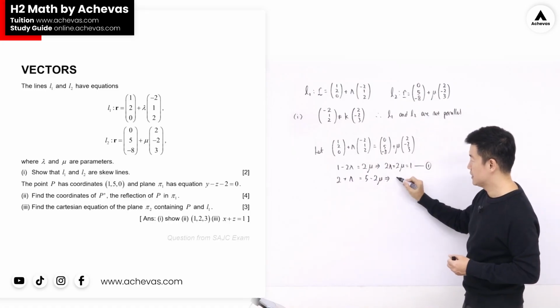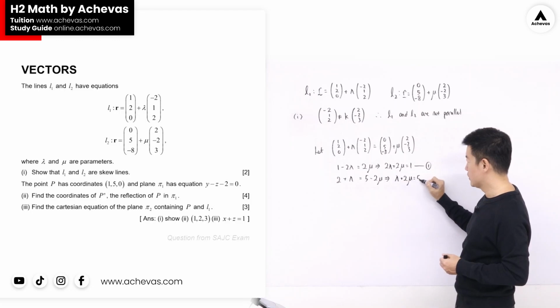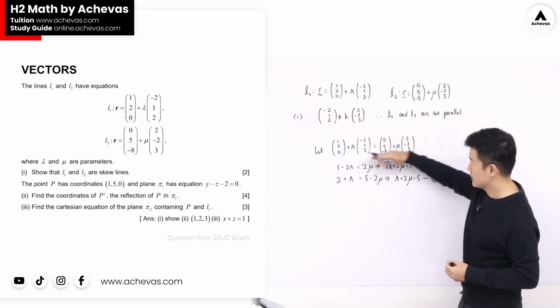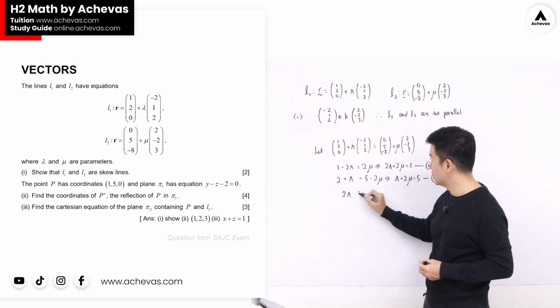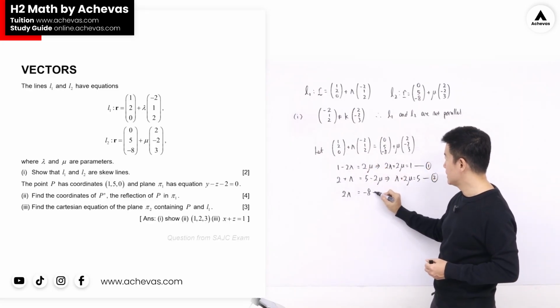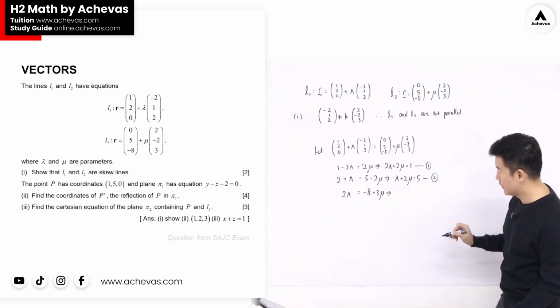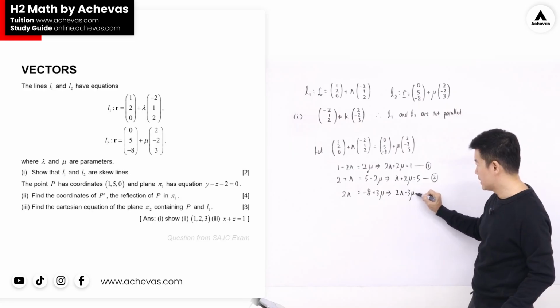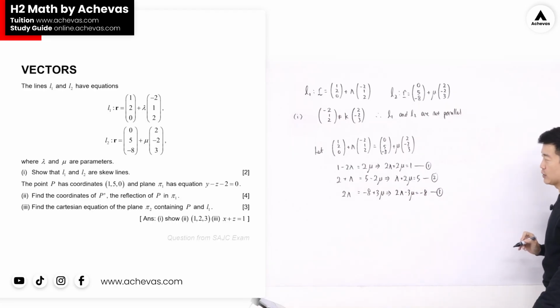So this is going to be lambda plus 2 mu is equal to 5. This will be our second equation. The last equation will be 0 plus 2 lambda, I'm going to just write it as 2 lambda is equal to minus 8 plus 3 mu. So if I rewrite this, we have 2 lambda minus 3 mu is minus 8. This is going to be the third equation.